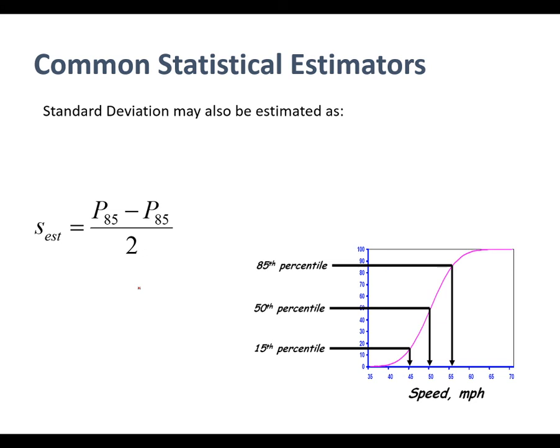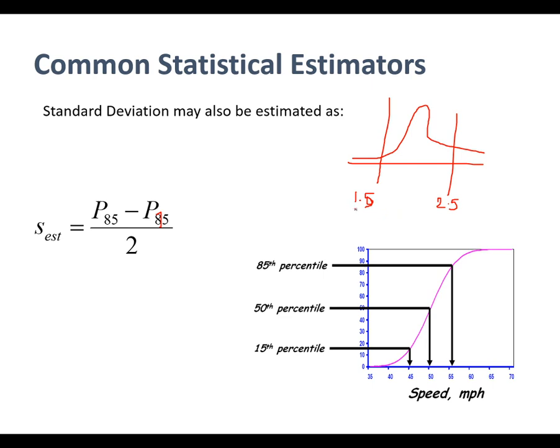And sometimes you can calculate the standard deviation by estimating it as half the difference between the P85 and P15. The P85 is the 85th percentile. So let's say, for example, for the TR, the 85th percentile was 2.5, and the 15th percentile was, let's say 1.5, just to make it easy to calculate.